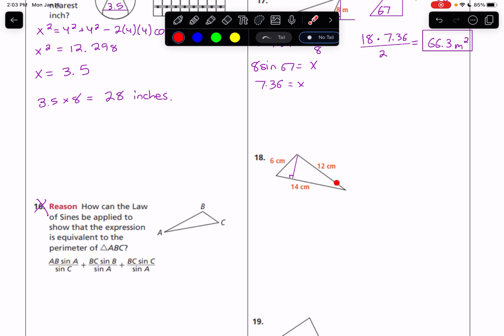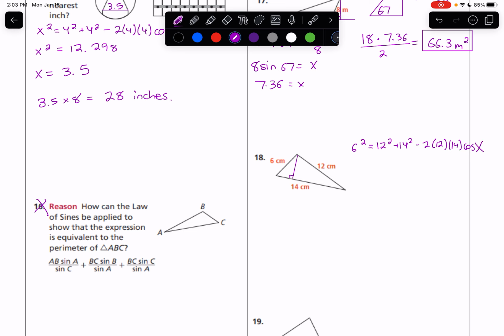I'm going to choose to find the angle here that is opposite of the 6 centimeter side. And using the law of cosines, that means I'm going to put the 6 centimeters, the opposite side, first. So 6 squared equals the other 2 sides, 12 squared plus 14 squared minus 2 times 12 times 14, cosine of the angle I don't know, I'll call that x.